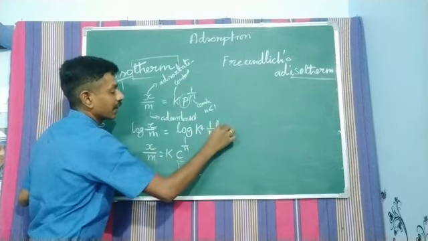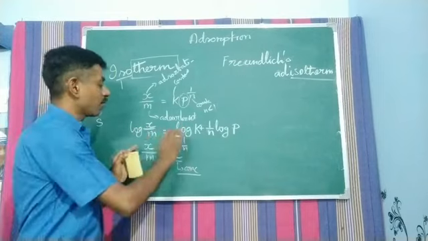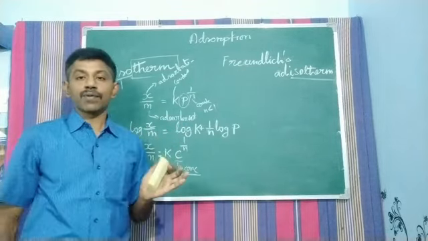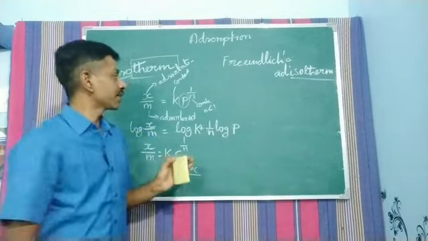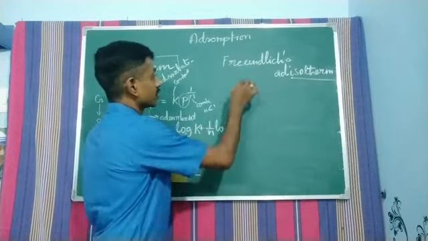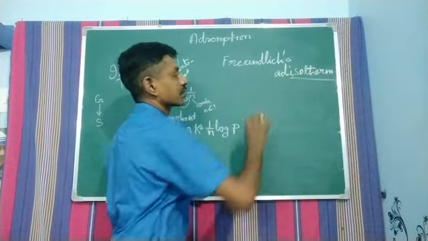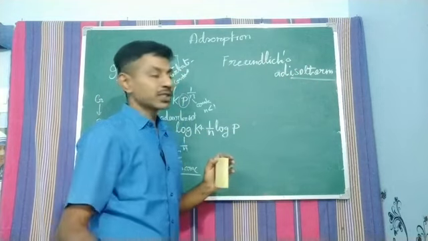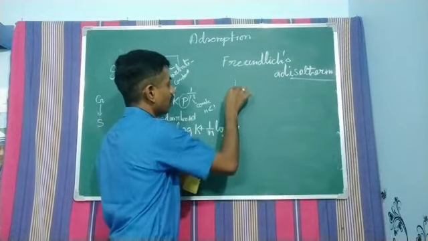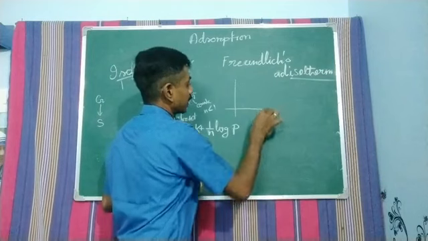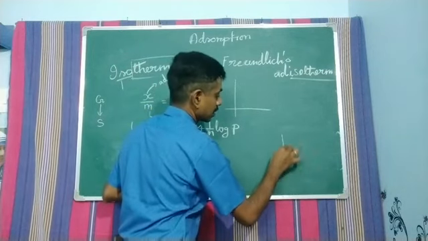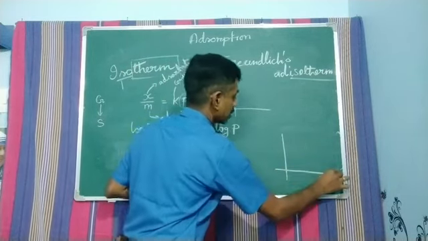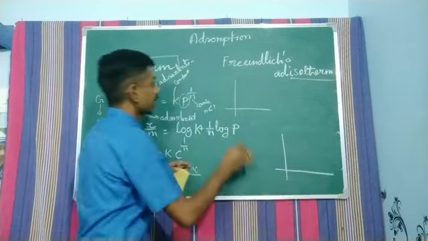So what is he going to do with this? He is going to have both the things linked in the form of a graphical representation. That is called the Freundlich adsorption isotherm. How is he going to link them?